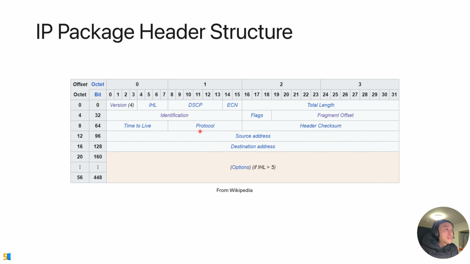And protocol is the number that denotes the protocol type that this IP package has. It can be ICMP, for example, TCP or UDP, etc. Header checksum, and then source and destination addresses, right? And this is the offset. So this is the first 32, the second 32, and so on and so forth.